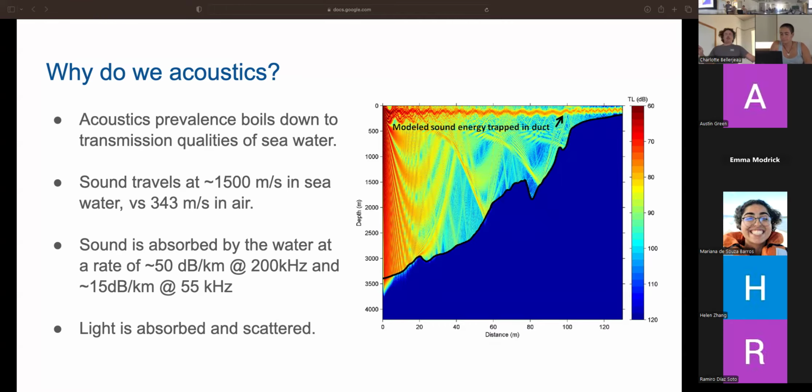But sound travels a lot faster than it does in air, so it's really convenient there. And then depending on your frequency, which I'll go into later, you can get completely different ranges. It can go on scales of meters up to kilometers, depending on the frequency. Whereas light generally gets attenuated within tens of meters, or can be longer depending on what light it is.